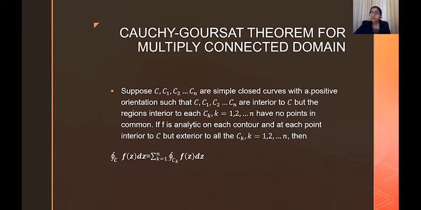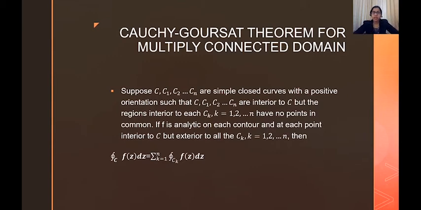Now, if f is analytic on each contour and at each point interior to C but exterior to each Ck, then the integral over C of f(z) dz is the summation of the integrals over Ck of f(z) dz.